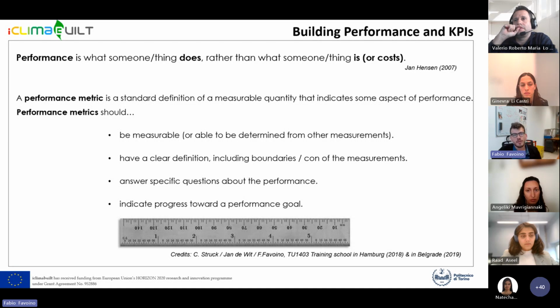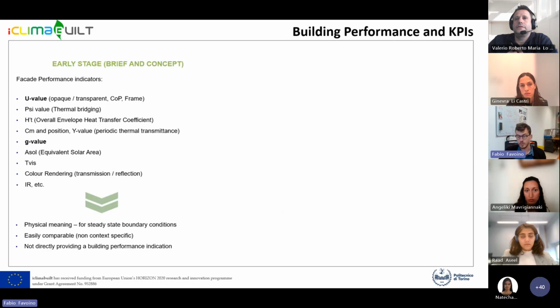And eventually, performance needs to be measurable by means of a performance metric, a performance indicator. To be measurable, it needs to have a clear definition, boundaries of measurements, and indicate a progress towards a certain goal.